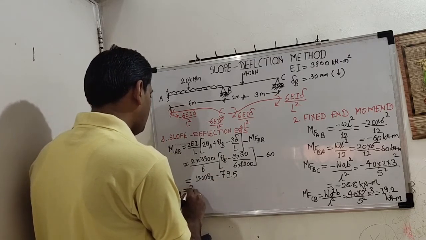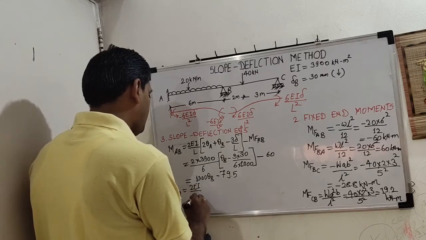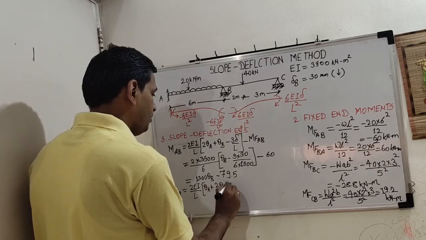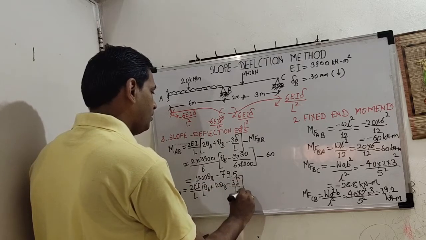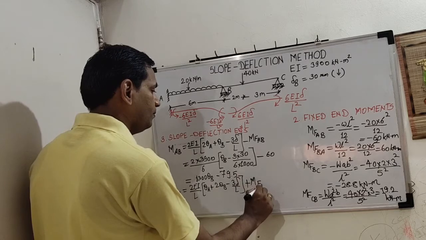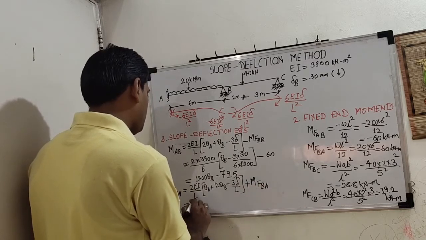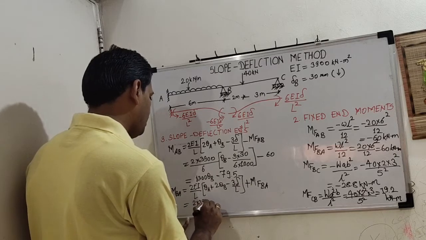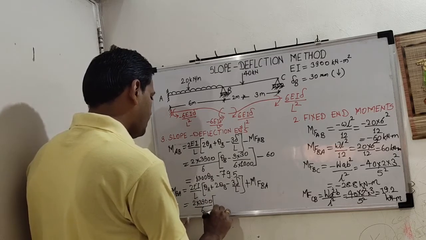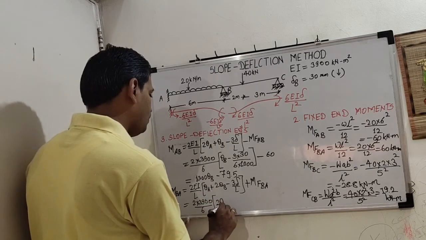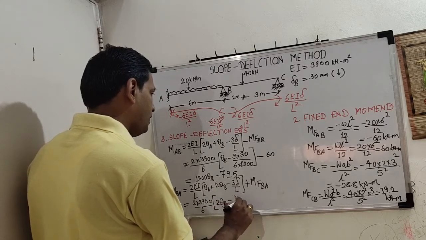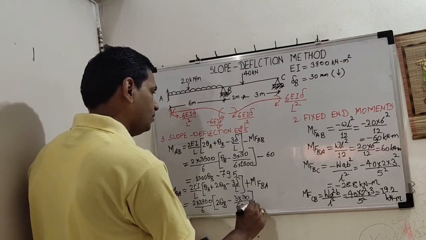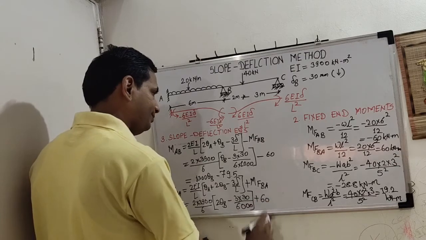Now MBA. What is MBA? 2EI by L into bracket theta A plus 2 theta B minus 3 delta by L plus MFBA. So again substitute the values. 2 into 3900 upon 6 into bracket, again theta A is 0, so this is 2 times theta B minus 3 times 30 upon 6000, I will write directly now, and plus 60.